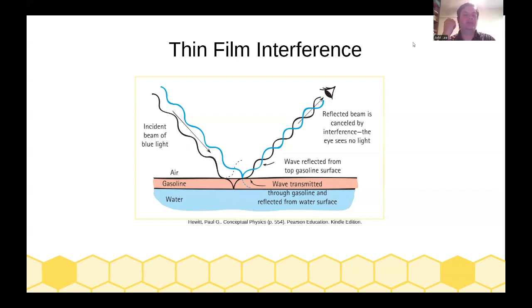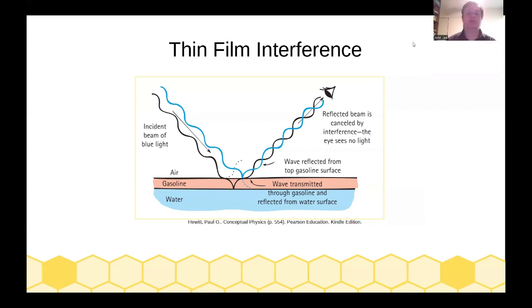If you take air and then put gasoline over a puddle of water, what you tend to see is that light at certain wavelengths is going to bounce off the top of the gasoline, and then there's going to be a bounce of light that passes initially through the gasoline but reflects back from the water.